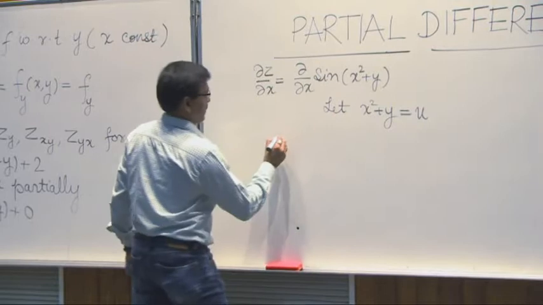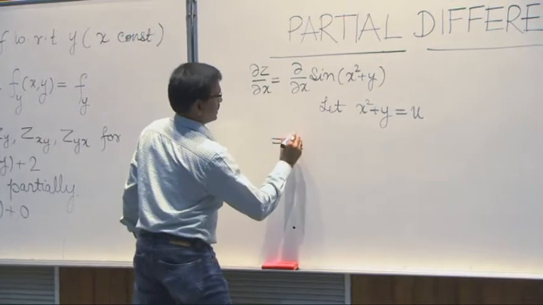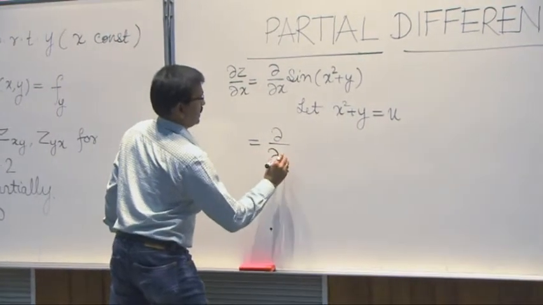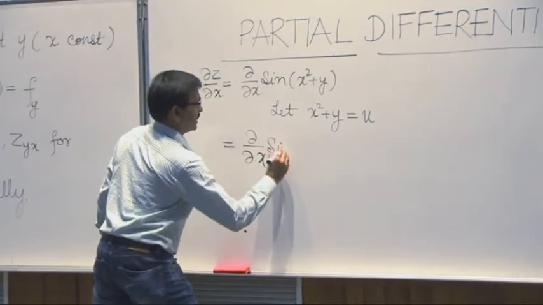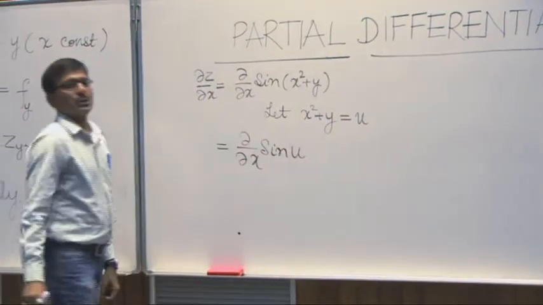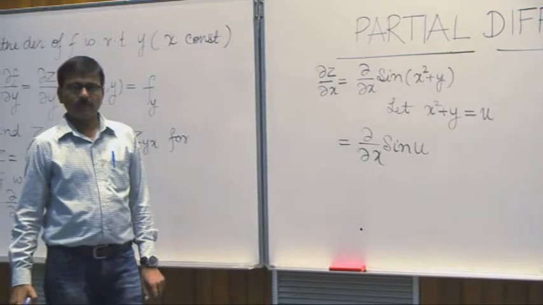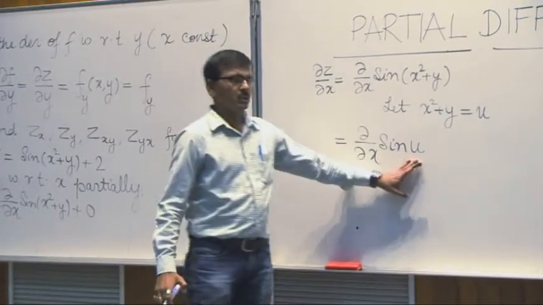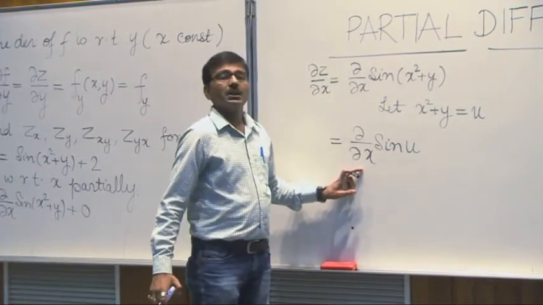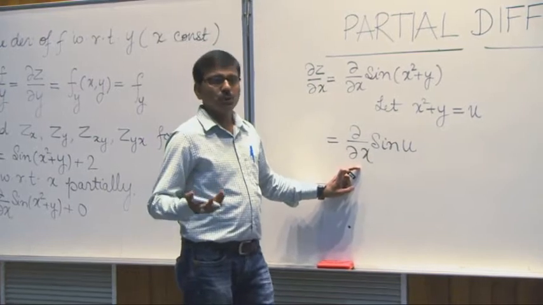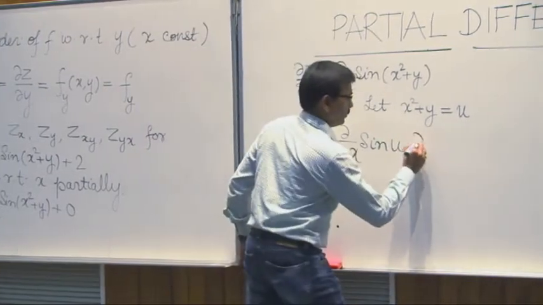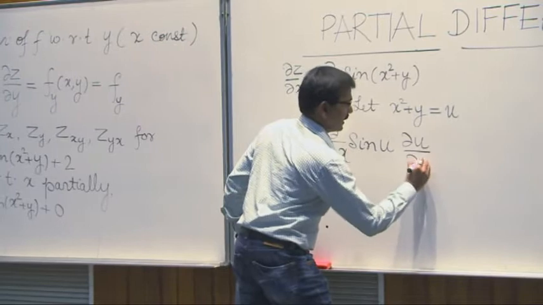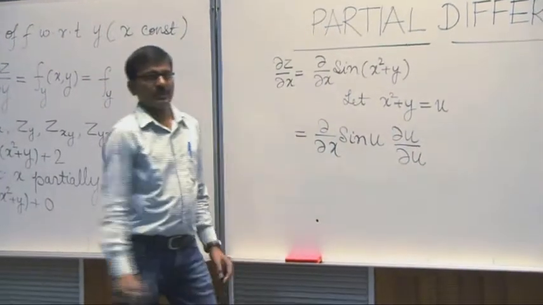Then we can write it here del x sine u. As we introduce u here, we need the derivative with respect to u. So what we will do, we will divide and multiply by this thing.